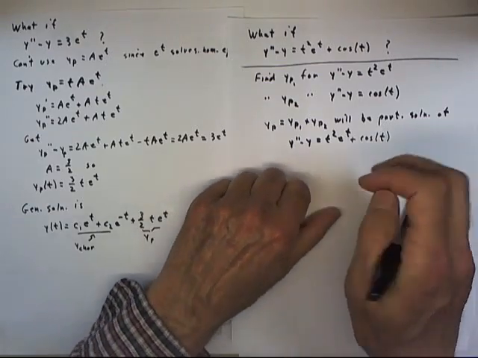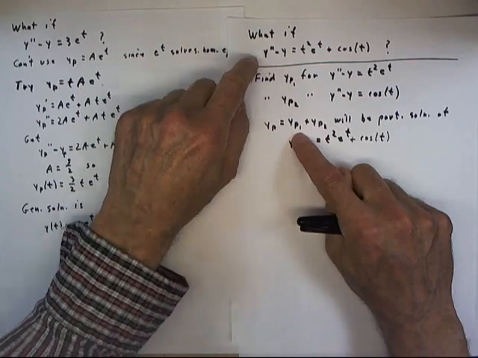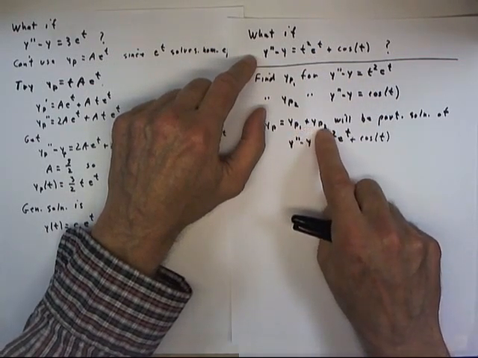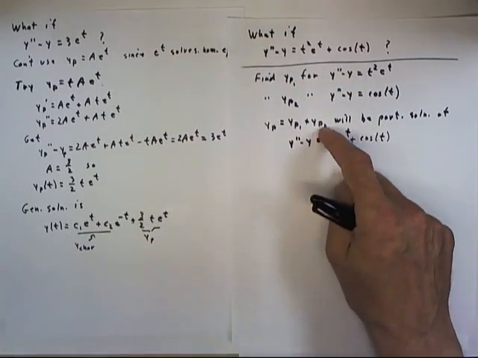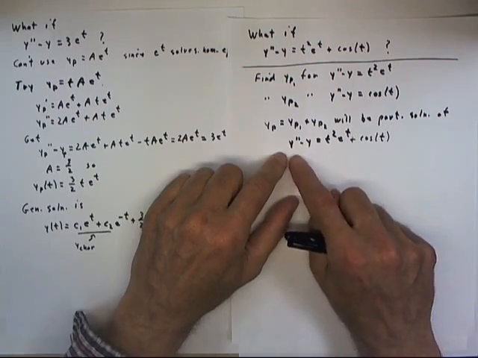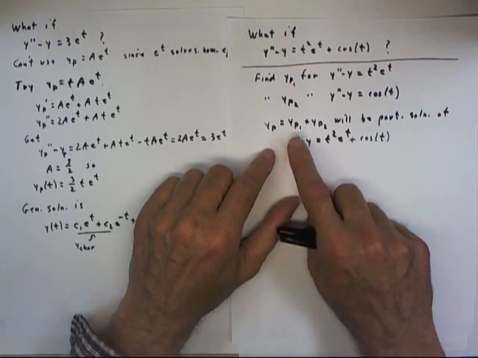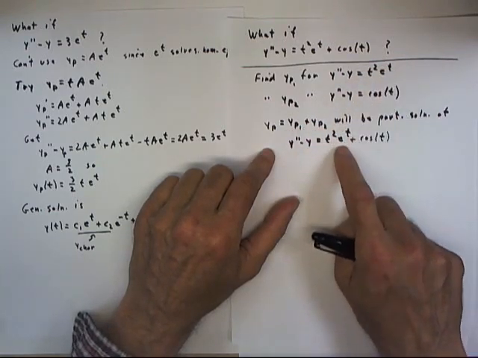And the reason is, if y sub p1 is a solution that we can plug into this equation to get the t squared e to the t, and yp2 can be plugged into the equation to get cosine t, then by the linearity of the derivative, what we get when we substitute this solution will be the sum of these two expressions.